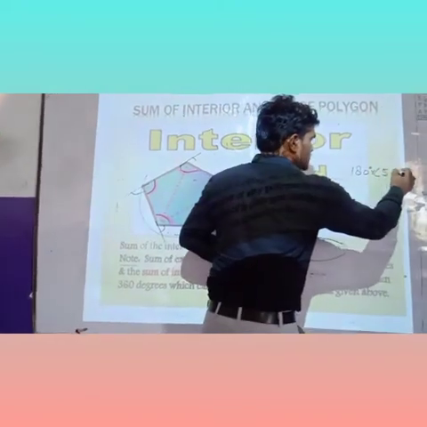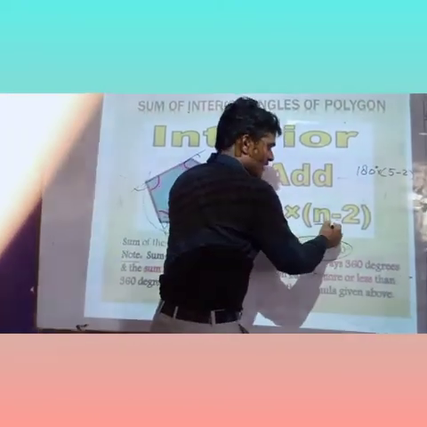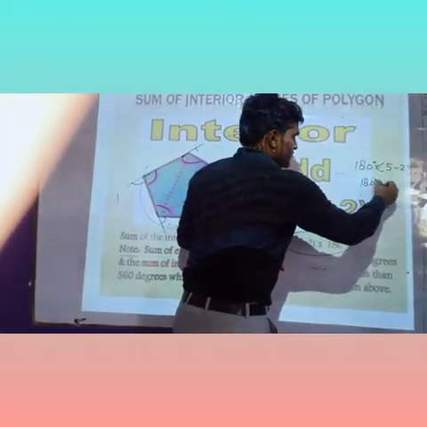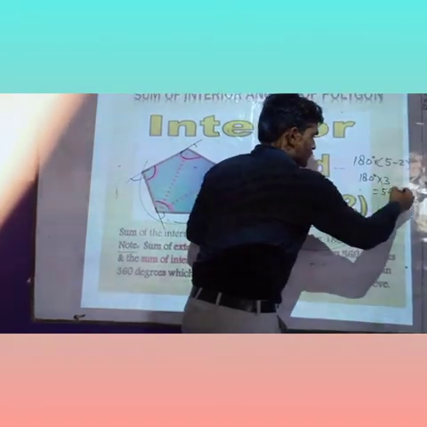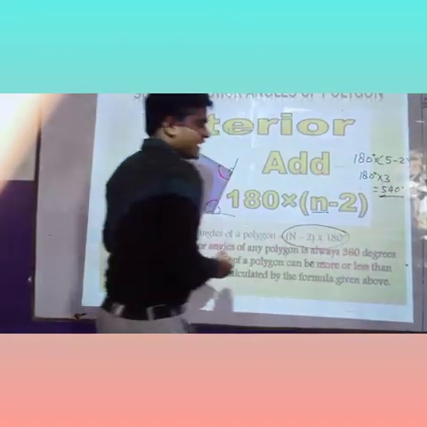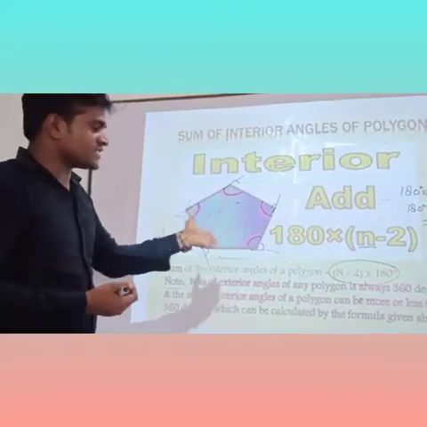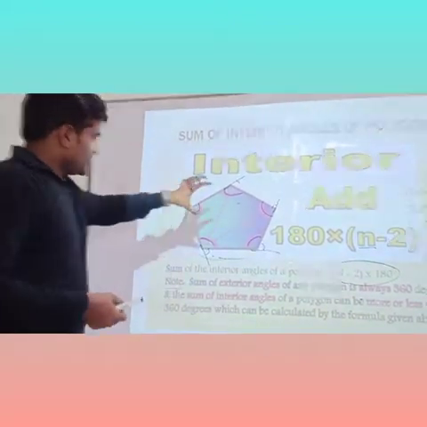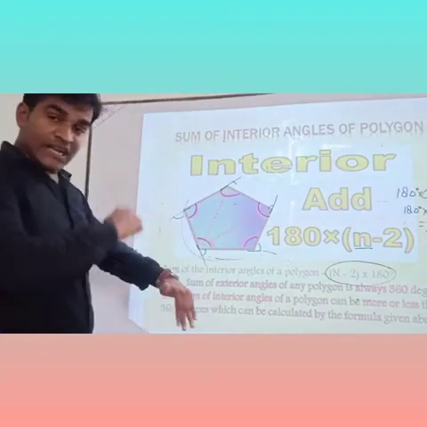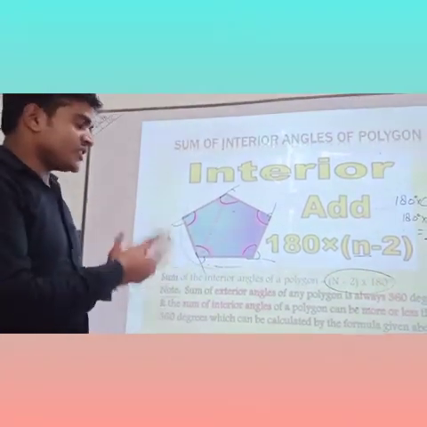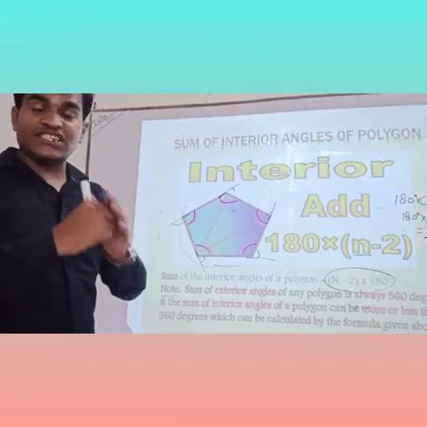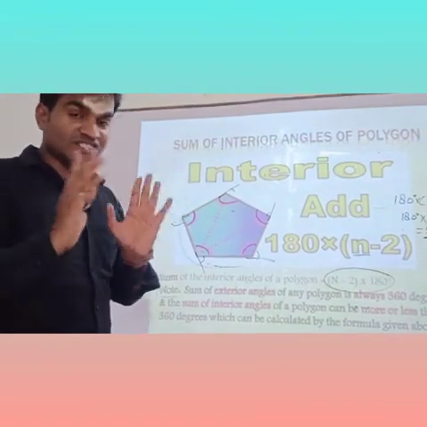So 5 minus 2, children, is 3, and you get 180 degree multiplied by 3, that is 540 degree. So that is more than 360 degree. So children, the interior angle sum can be less than or more than 360 degree, but the sum of the exterior angles is exactly 360 degree.